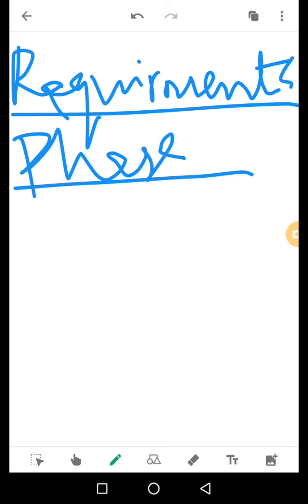Are you getting it now? So, requirement analysis is critical to the success of a development project. That is, when you are developing a project, requirement analysis is important. Requirements must be actionable, it must be measurable, and it must be testable. Are you getting it now?